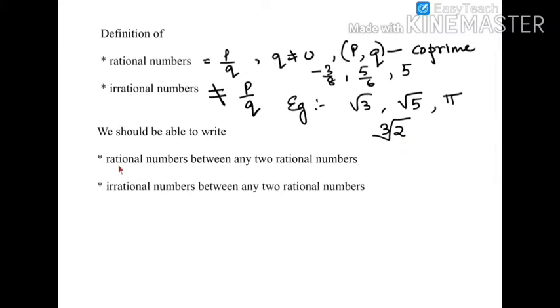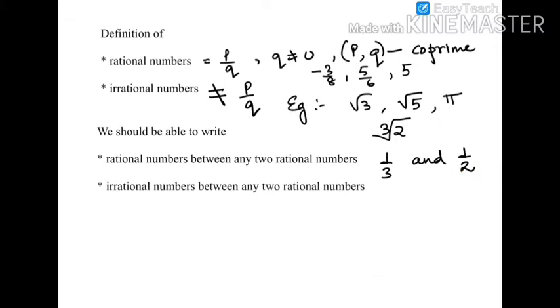Then we learned how to find rational numbers between any two rational numbers. So we can list any number of rational numbers between, say, 1 on 3 and 1 on 2. Remember the method? We write an equivalent fraction for these two numbers such that their denominators are same.